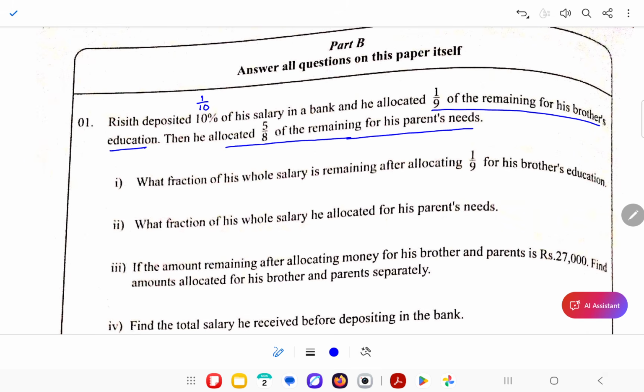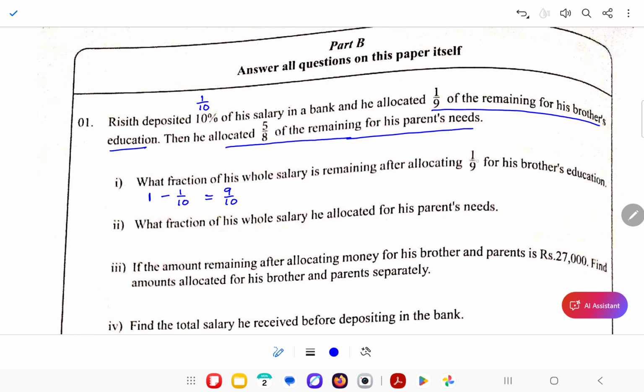What fraction of his whole salary is remaining after allocating 1/9 for his brother's education? So he had one, let's say the total is 1, then 1/10 already given to the bank, so 9/10 is left.